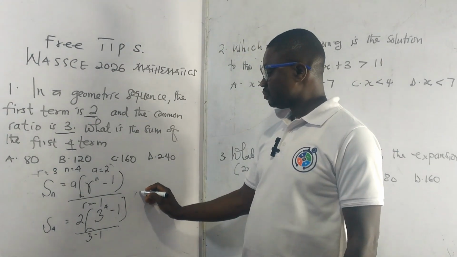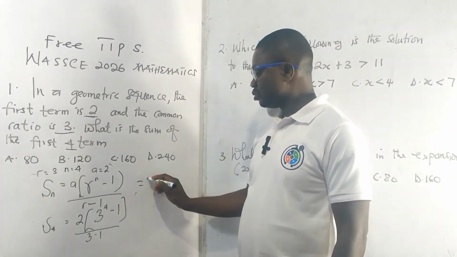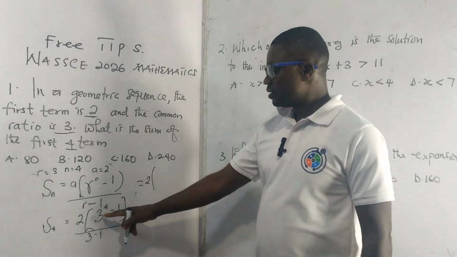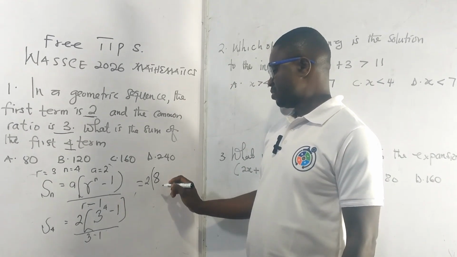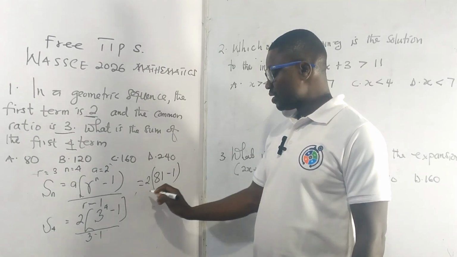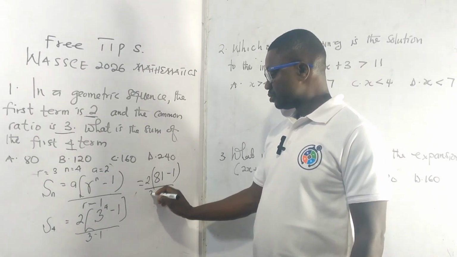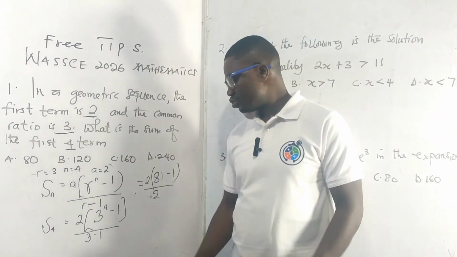Now let's move on. So we have 2 and then 3 raised to the power 4 will give you 81, minus 1, over 3 minus 1, which is 2. Yes, so 3 minus 1 is 2.